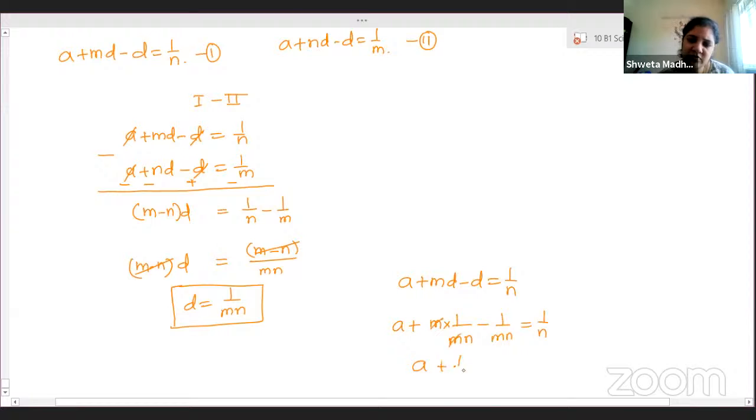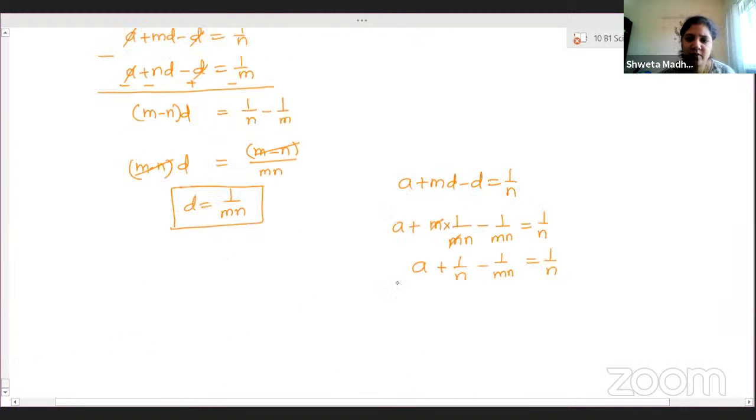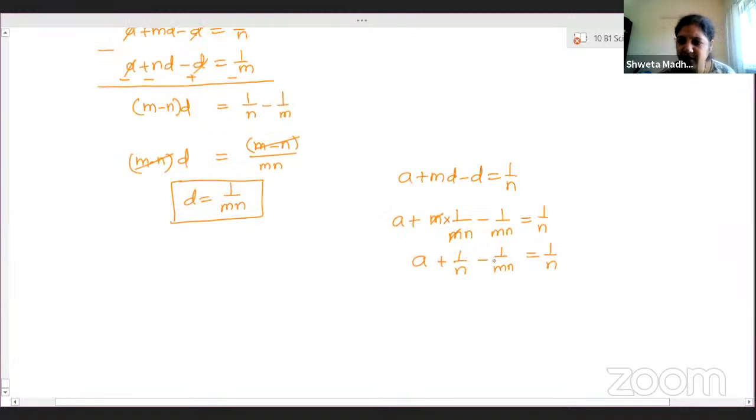A plus 1 by n minus 1 by mn is equal to 1 by n. Now this plus 1 by n and these two terms will be transferred to RHS. So A equals 1 by n minus 1 by n plus 1 by mn. 1 by n minus 1 by n cancelled. So the value of A is 1 by mn.